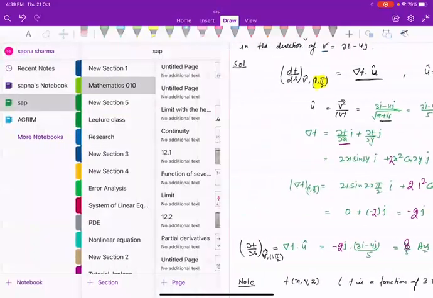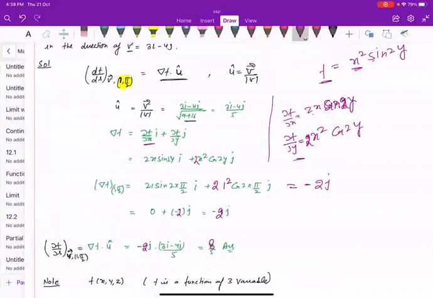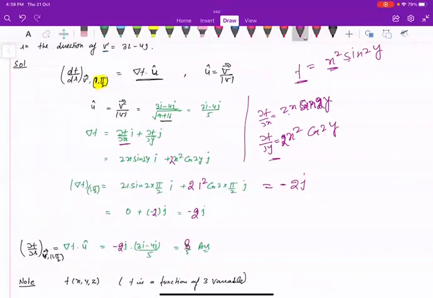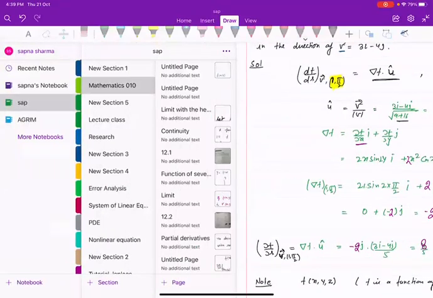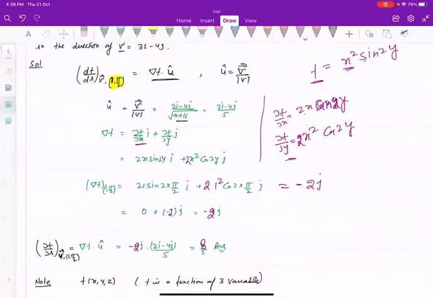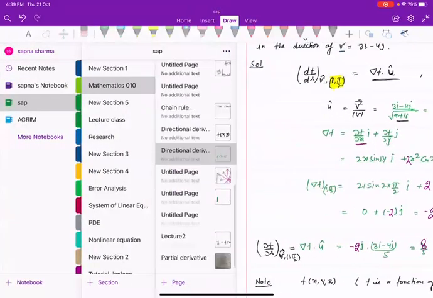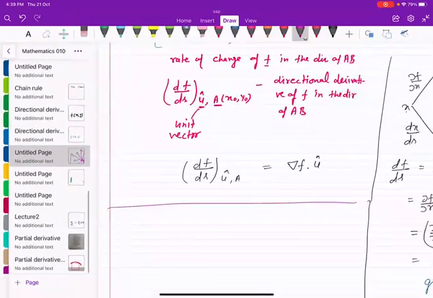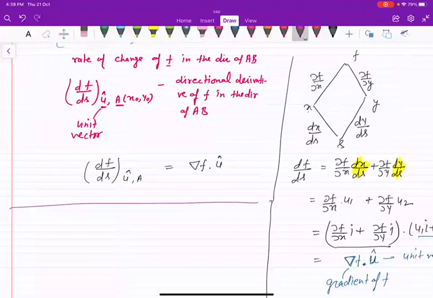Now, one more thing. Let us talk about another example. Just a minute, I want to do another page. One more example, when f is a function of 3 variables, x, y, and z.